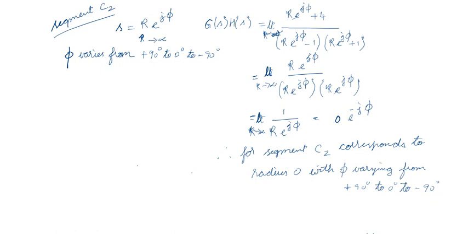Yes, it should be like this: minus 90 to plus 90, because if I put phi as 90, it is already a minus sign, so minus 90. If I put 0, it is 0. If I put minus 90, it is plus 90. So this is the angle. I got the corresponding points for segment C1, and the points for radius 0 and the corresponding phase angles.